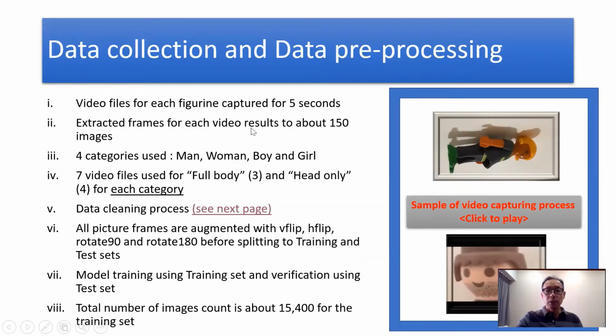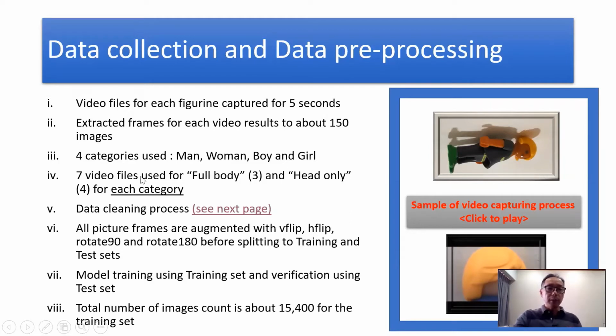Extracted frames from each video file is about 150 images, and then again 4 categories, 7 video files: full body, as I showed you just now in the train set, 3 figurines, and then heads only consists of 4 other figurines, just the head alone. Altogether, 1 category, 7 video files.